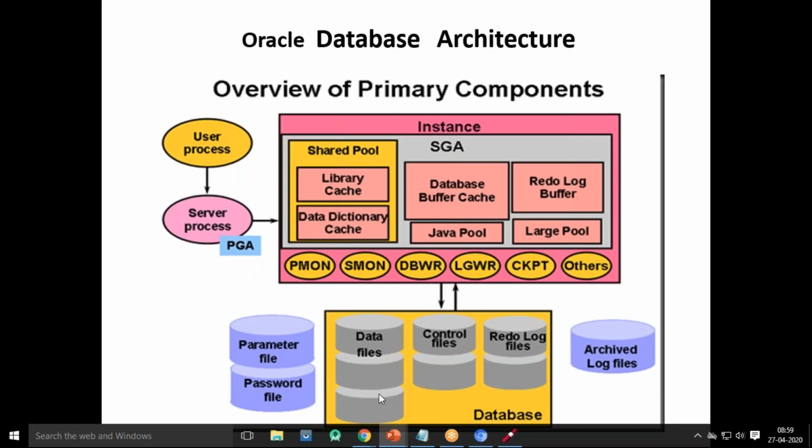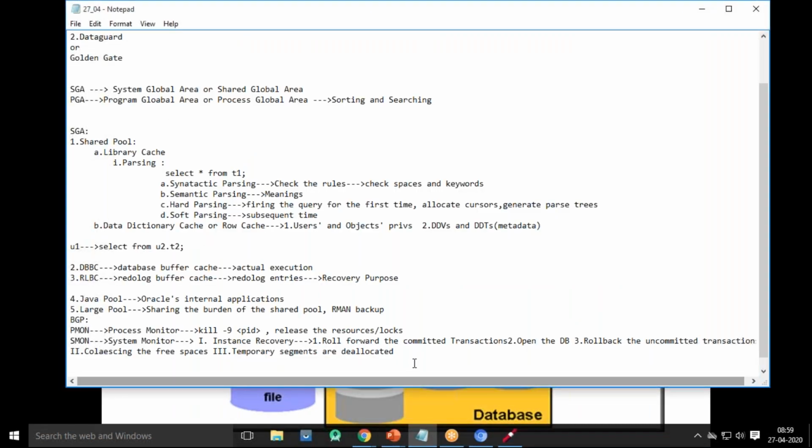Temporary files, you can imagine like a slate or a whiteboard. We write something, wipe it, and again write something. Similarly, these temporary segments are used for sorting and searching purposes. The PGA we saw, right? If the PGA is not able to handle so many records, or the RAM is not able to handle it, if the PGA size is too small to handle our records.